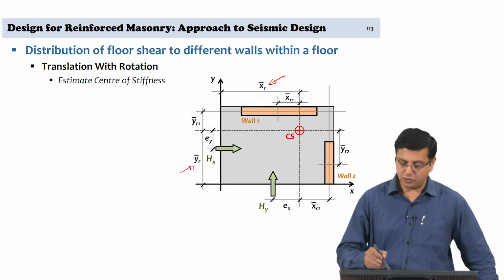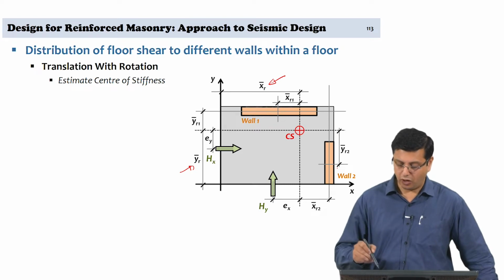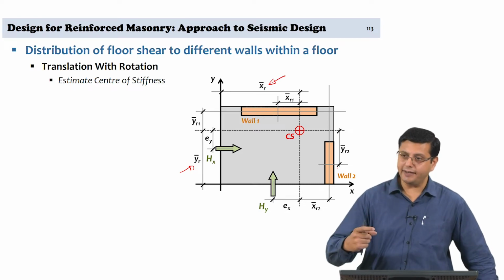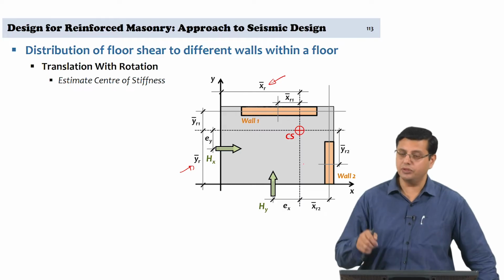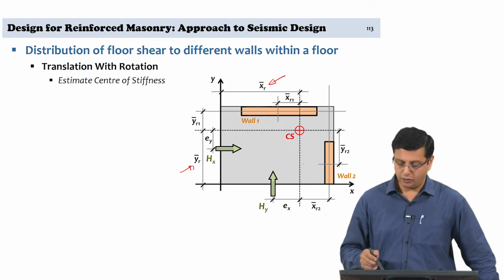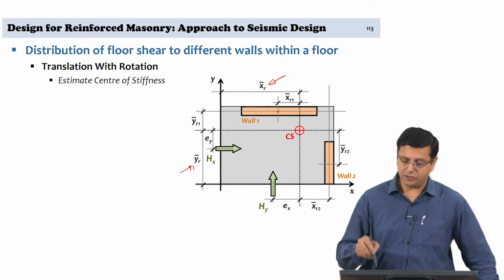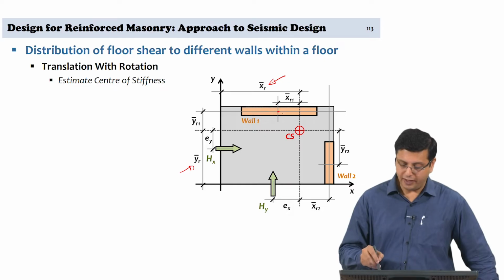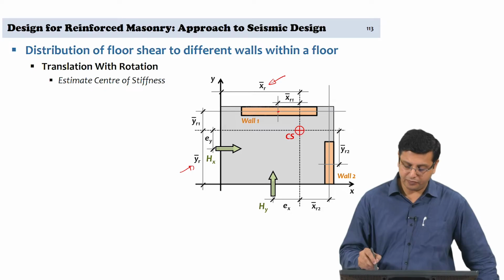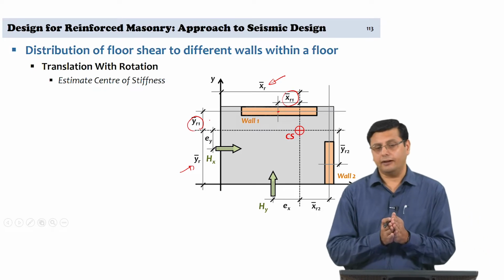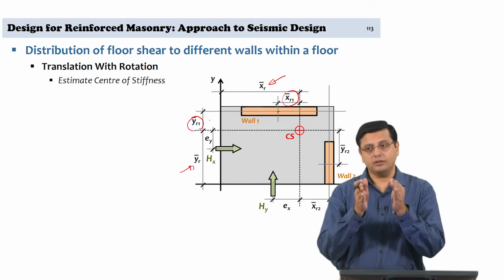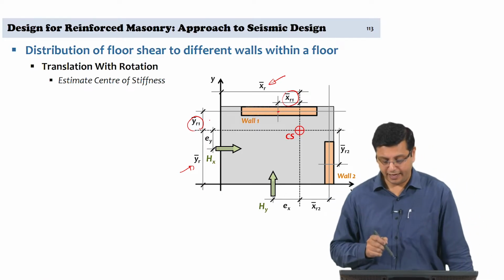Then with respect to x bar r and y bar r, we define for each of the resisting elements, wall 1 and wall 2, the x and the y dimensions with respect to the centroid of those resisting elements. If you take wall 1, and that intersection there is the centroid of wall 1, then we need to define x bar r1 and y bar r1, these two dimensions here, which define the eccentricity with respect to that particular resisting element, wall 1.